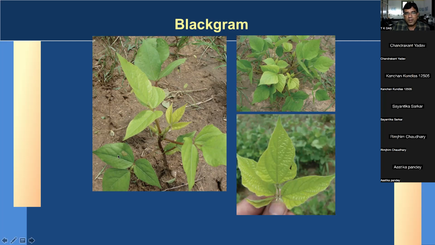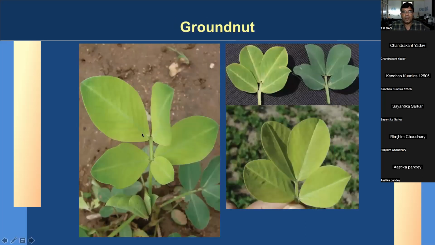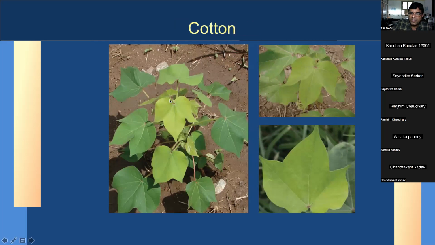Mainly, the length and breadth ratio of leaves is wider in black gram and narrower in mung bean or green gram. And you can see the sulfur deficiency symptoms in groundnut, yellowing or chlorosis of younger leaves. And in cotton, you can see quite a clear symptom.